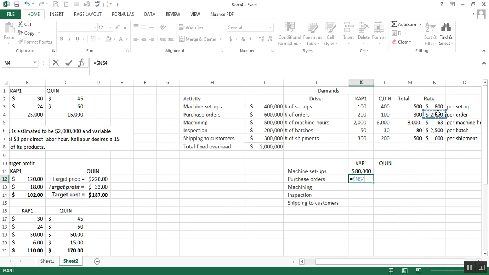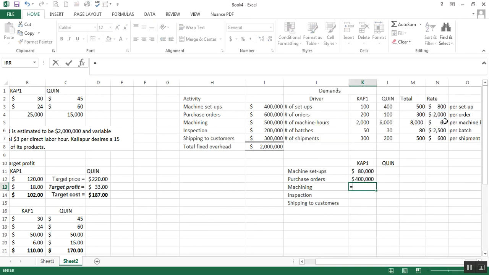Rate times number of orders. Rate times machine hours. Rate times batches, and rate times shipments. So you might see I pressed F4 to put these dollar signs in front of the number.